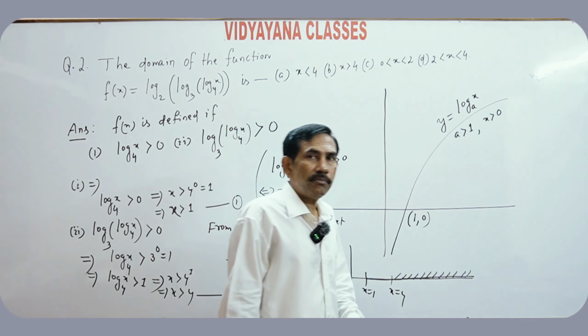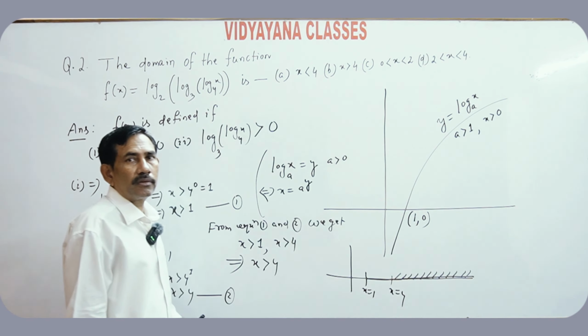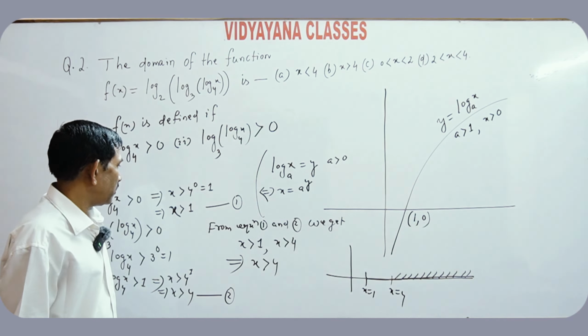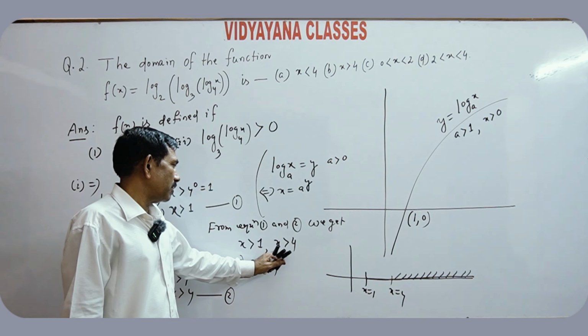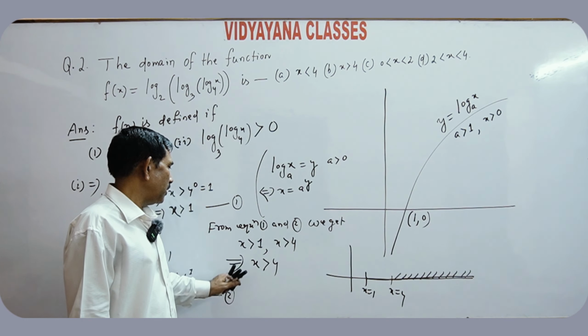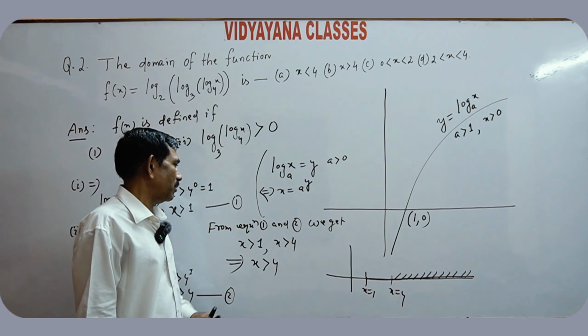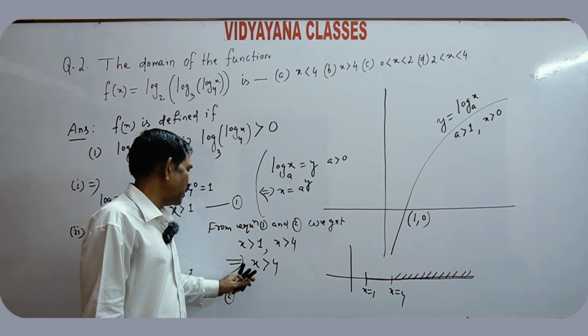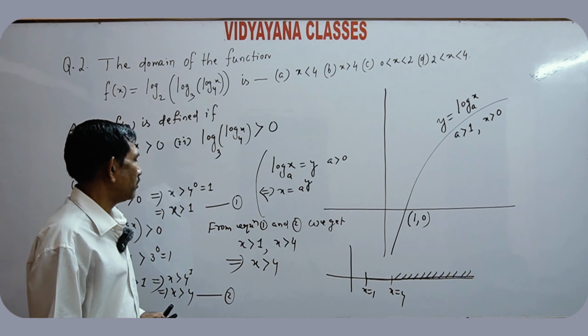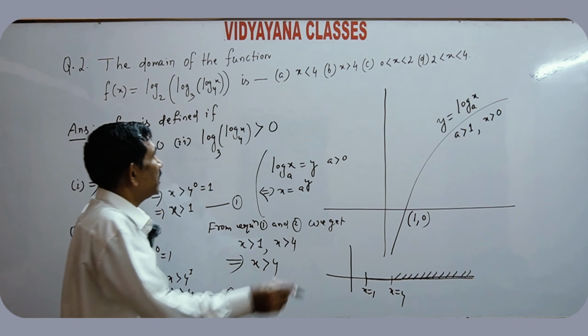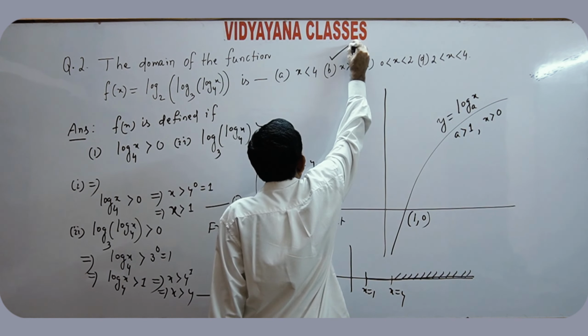The common region represents the domain of the function, that is x greater than 4. So the correct option is B.